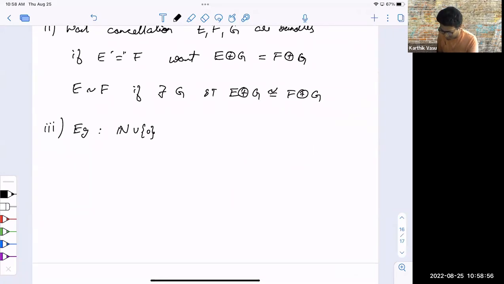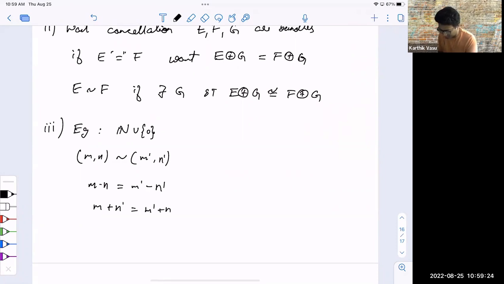One way to do this is look at the tuples of m and n, and you say two things are equivalent if m minus n is equal to m prime minus n prime, but minus is not defined. So I will just say m plus n prime equals m prime plus n.